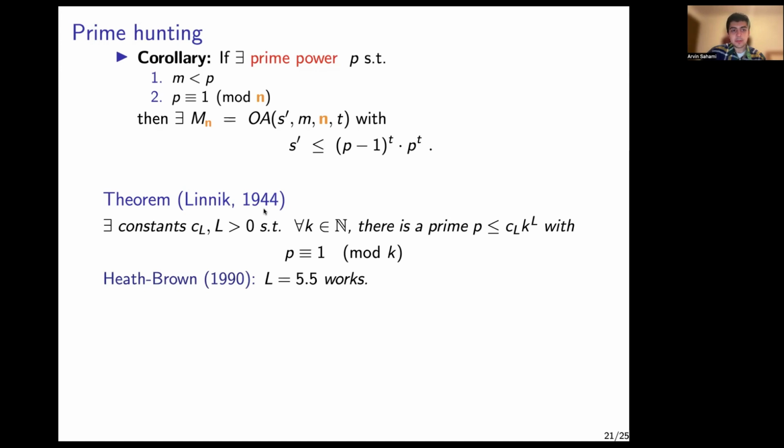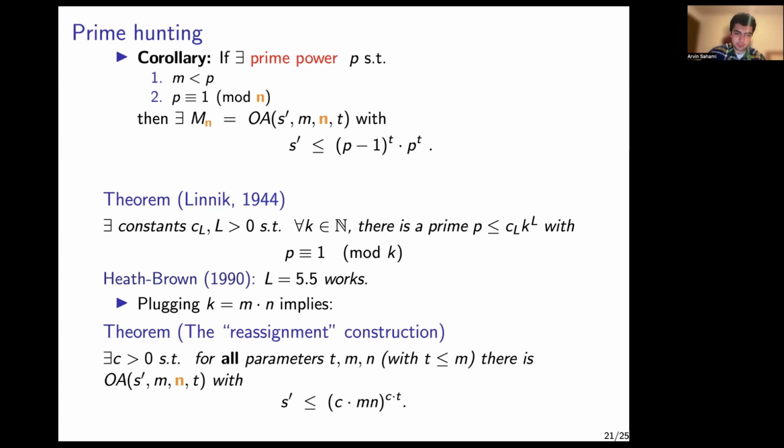So Linnik's theorem says that if you pick any positive integer k, then the first prime that is 1 mod k is at most a fixed polynomial in k. In fact, the degree of this polynomial has been shown to be at most 5.5 by a result of Heath-Brown in 1990.